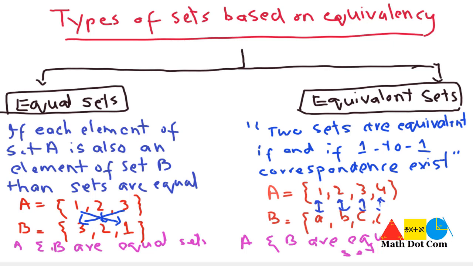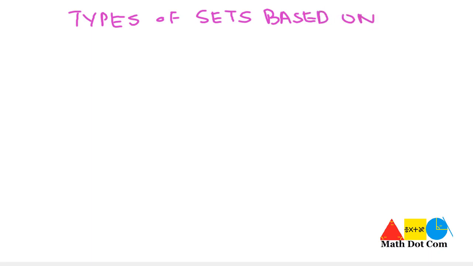Now the last type of sets is the type of sets based on membership.